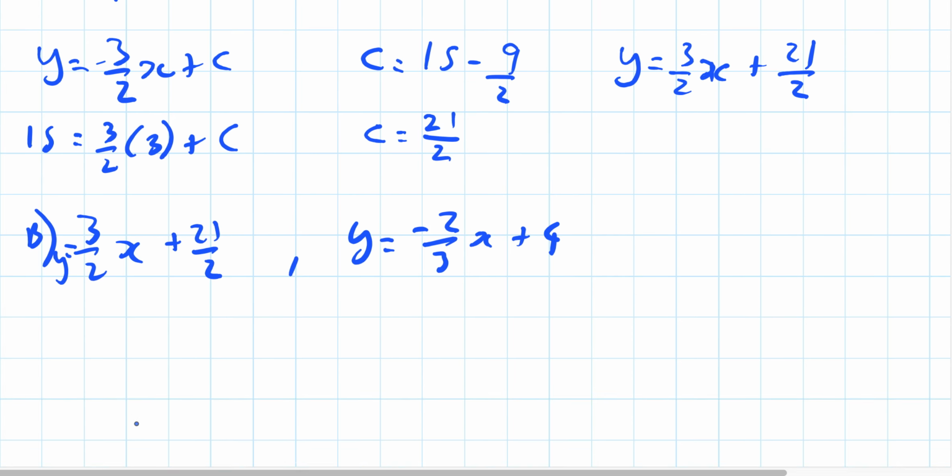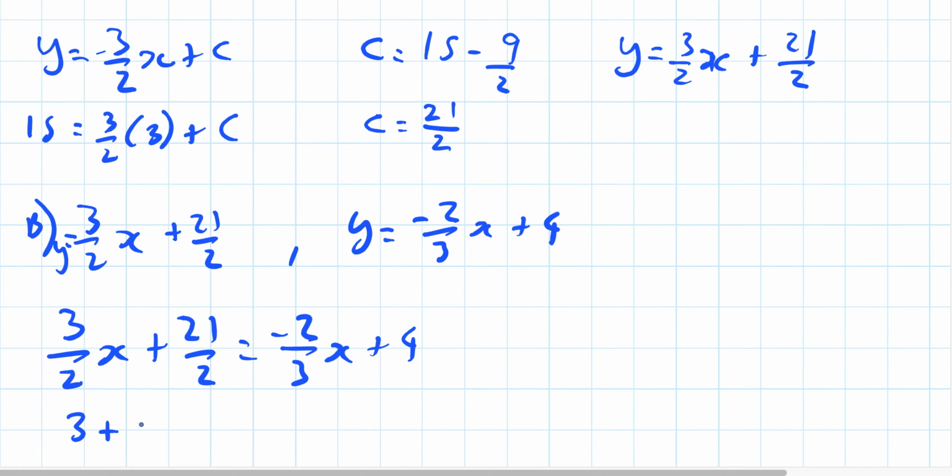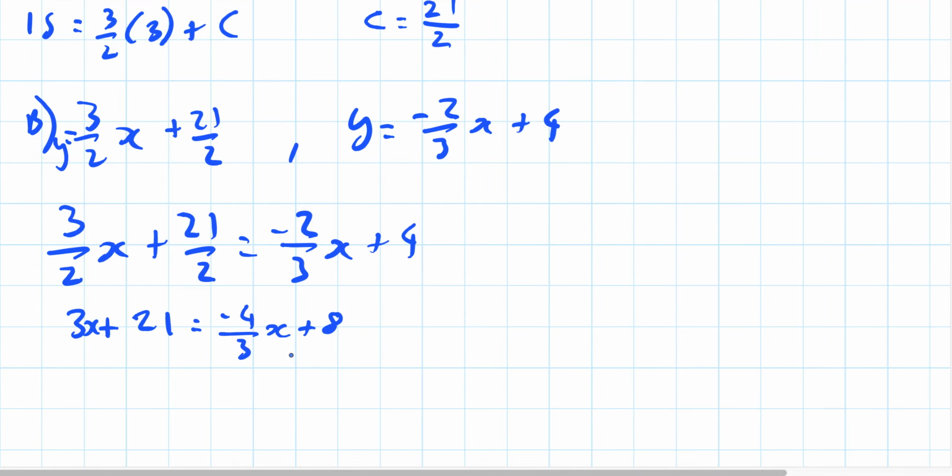Really, y equals, so get them to equate to each other. 3 over 2x plus 21 over 2 equals minus 2 over 3x plus 4. Could just multiply everything by 2 and then times it by 3. So if I times everything by 2, I would get 3x plus 21 equals minus 4 over 3x plus 8, and then I times everything by 3 to get rid of that 3 here.